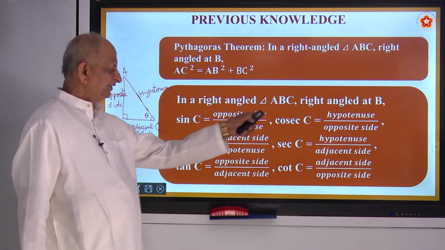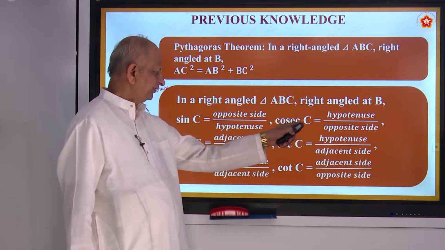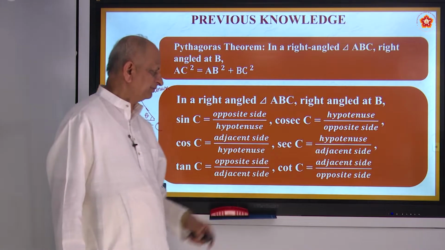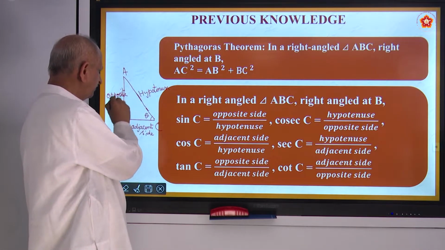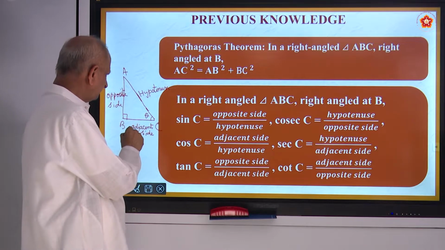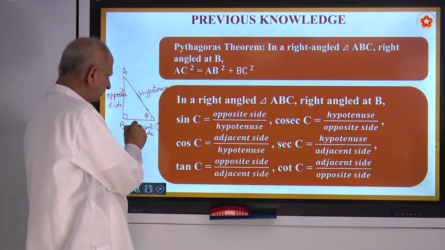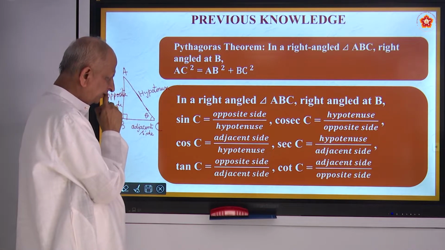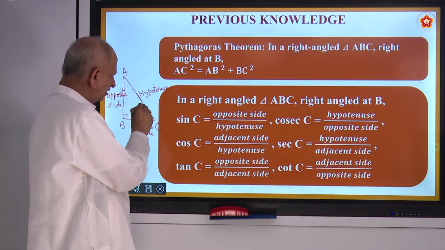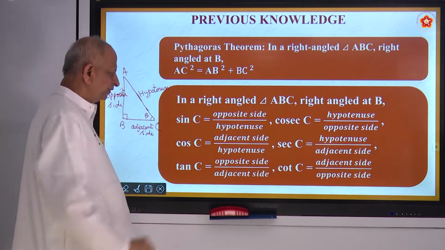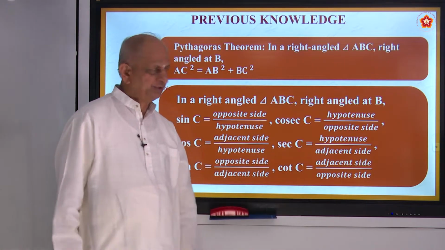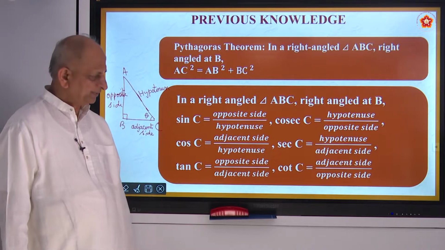Then these are all reciprocals. Cosec C means just the reciprocal of sine: hypotenuse by opposite side. Secant of angle C is hypotenuse by adjacent side. Cotangent of angle C is adjacent side by opposite side. So just the reciprocal of all these three. This you already studied in the previous lesson, right?